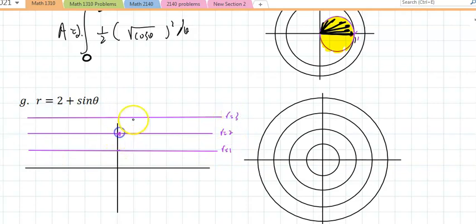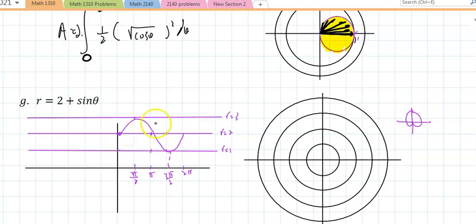A graph of a sine wave starts with the origin. This would be 2 pi, pi, pi over 2, and 3 pi over 2. I know what that graph looks like. I know the shape looks something like this.